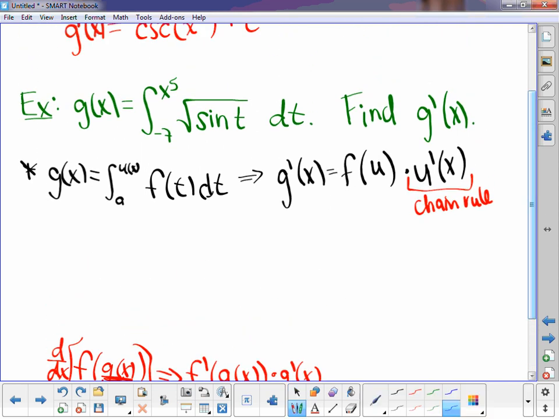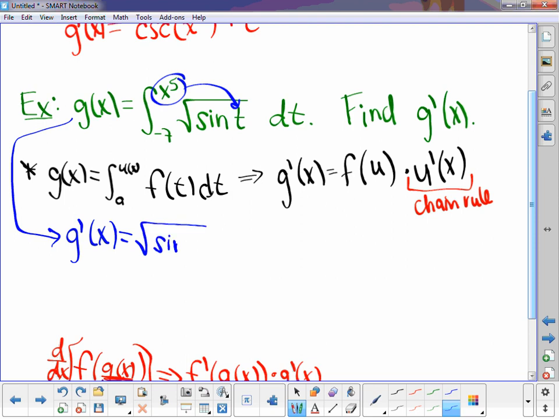Okay, so we're going to do it just like we were doing before. G prime of x. So I still take this and I put it in for t. So it's still going to be square root of sine of x. But now I simply multiply by the derivative of this function.